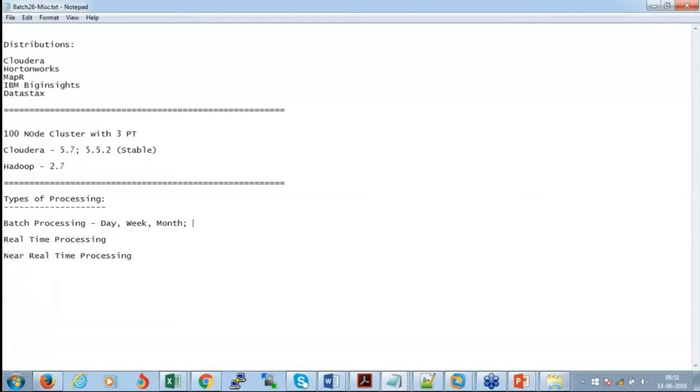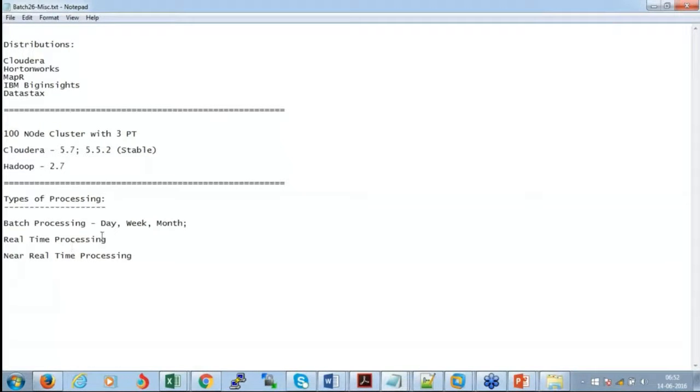But if you are maintaining a business account, wherein you do some thousands of transactions per day, that means the bank has to process many transactions for a single account. But imagine the bank has to process all the accounts available within the bank. So how long would they take? So batch processing, though it runs once in a day or a week or a month, runs for a little longer time, and it runs on top of very huge data sets. One has to understand that, right? So that's about batch processing.